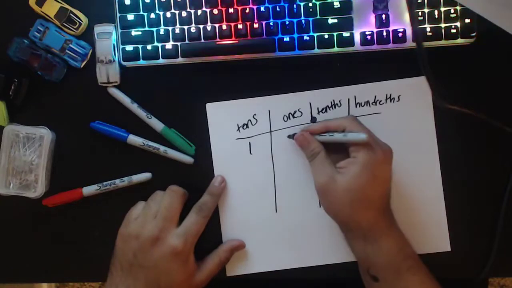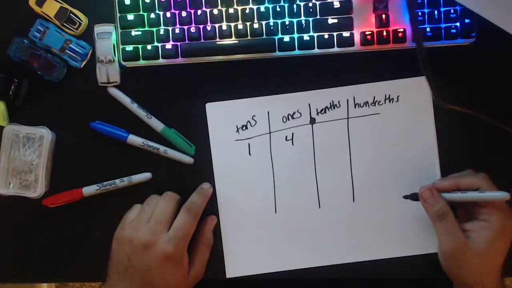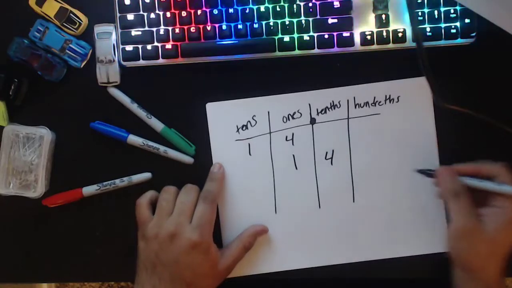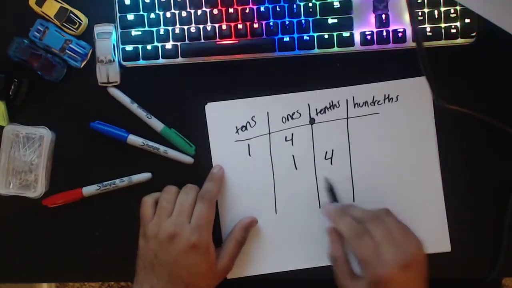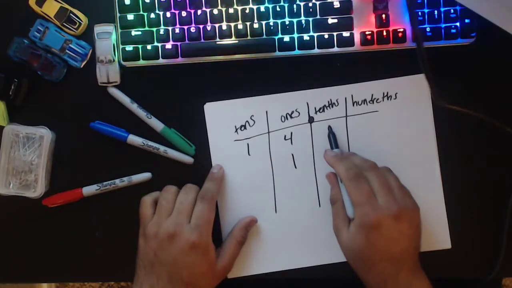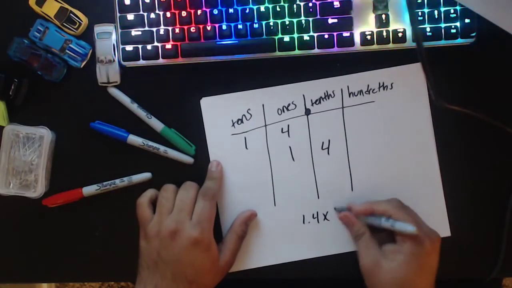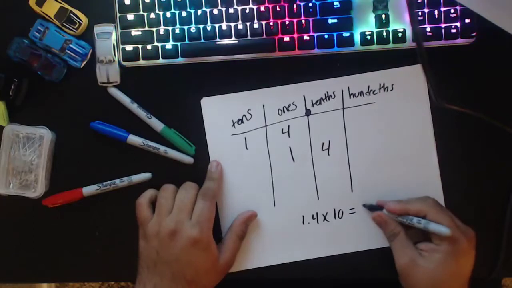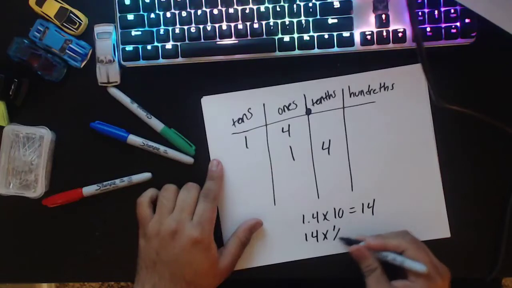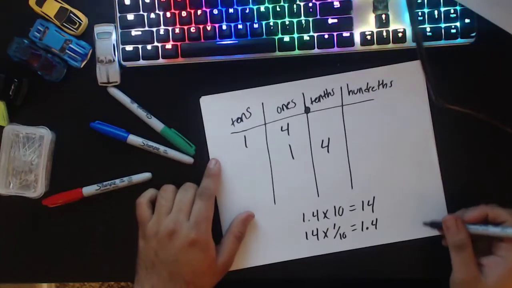And we would say something similar to 14. Here's 14. Well, 14 times a tenth. So 14 times 1/10 would give us 14 tenths. 14 tenths times 10 would give us 14. 14 times 1/10 will give us 14 tenths.